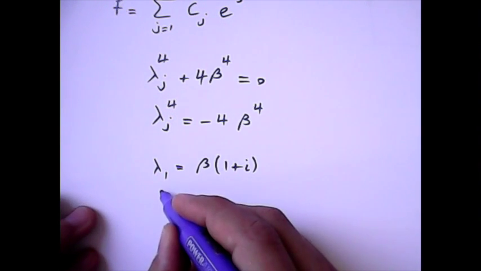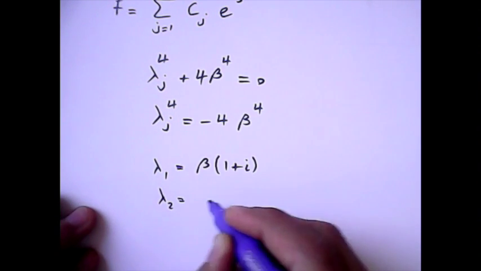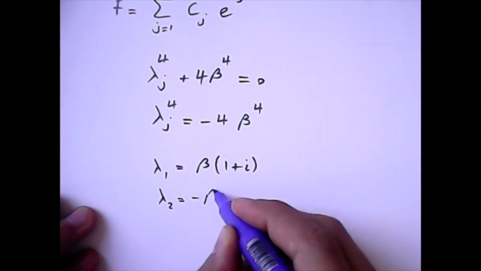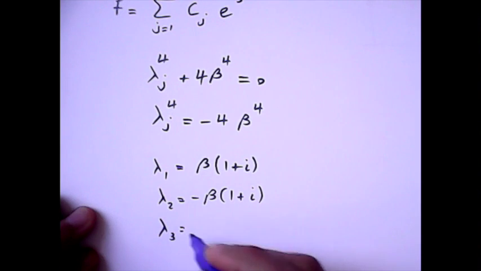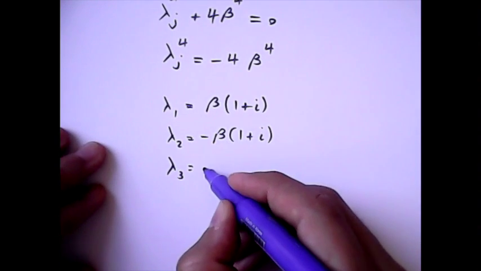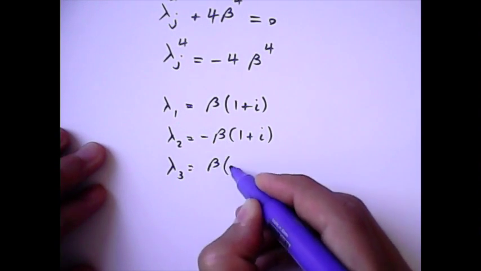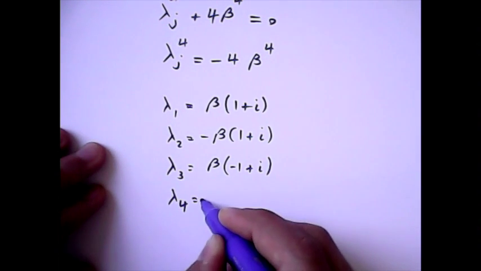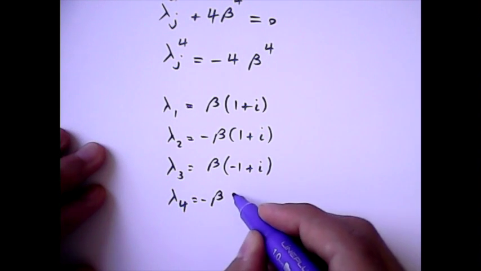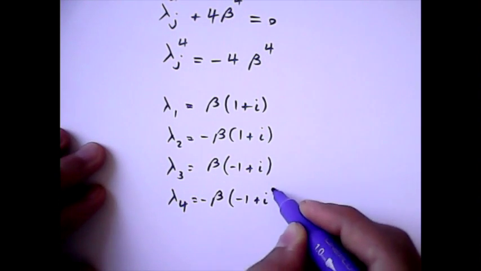Yeah, I'll just write below it. Lambda 2 equal to minus beta times 1 plus i. Lambda 3 be equal to beta times minus 1 plus i, and lambda 4 be equal to minus beta times minus 1 plus i.